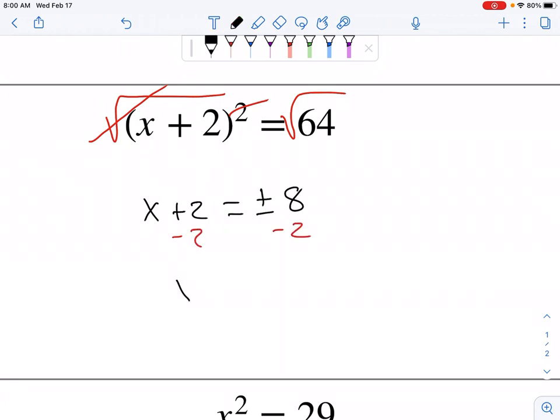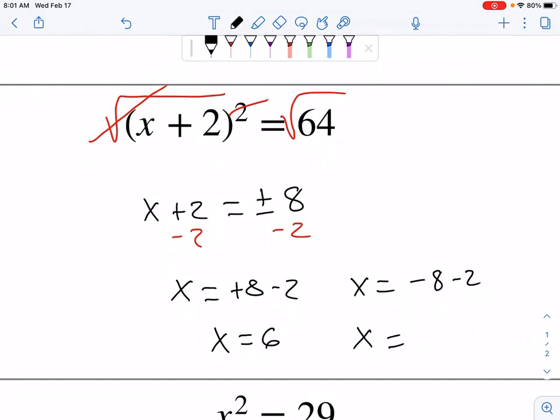So x equals, well, it's really positive 8 minus 2. And x equals a negative 8 minus 2. So when I'm subtracting 2, on my first one, 8 minus 2 is 6. And on my second one, negative 8 minus 2 is negative 10. So these are actually the two values that x could be.